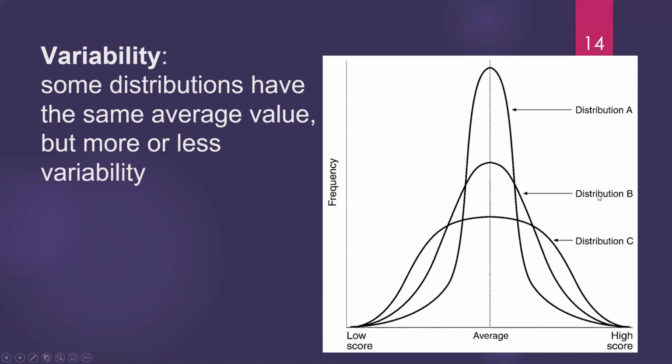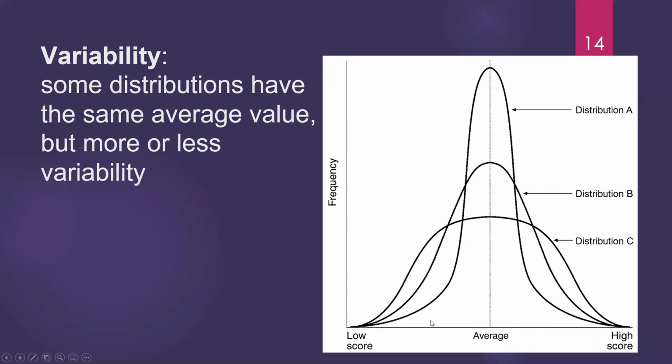Distribution B is a little more spread out, right? There's still a good number of people that are close to the mean, not the same high number as in A, but still a good number in distribution B. This is, let's say, the noon class. But it's a little more spread out, right?